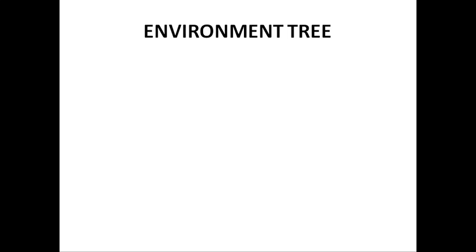If I am setting some variable value or some data inside the environment tree, then we can access those variables or values from the environment tree at any point in the message flow, in any of the nodes used in the message flow.